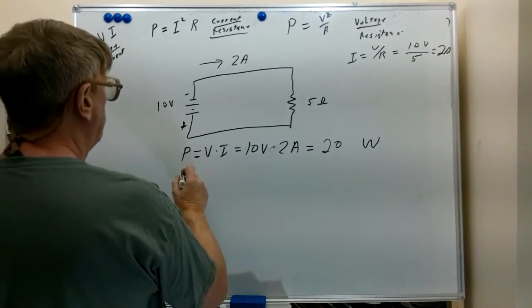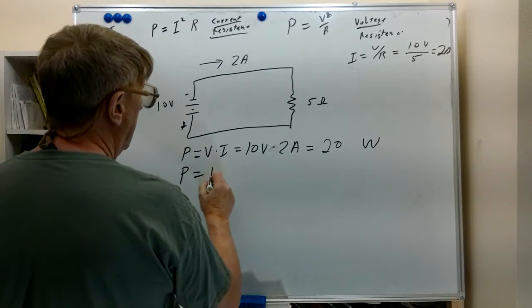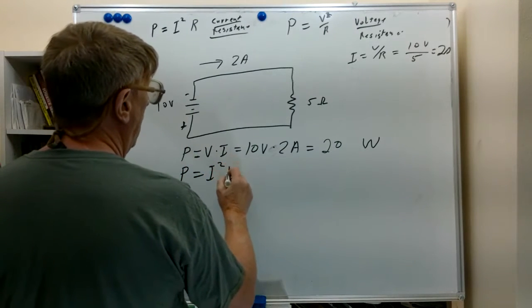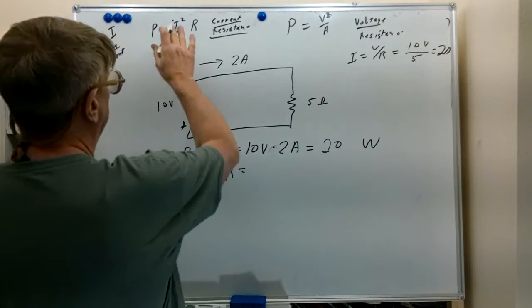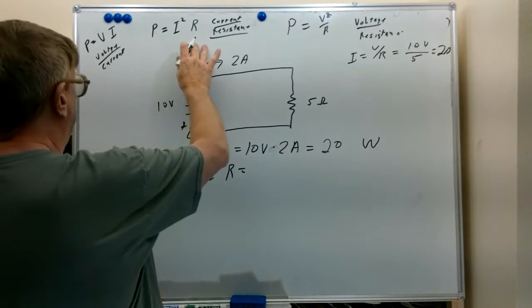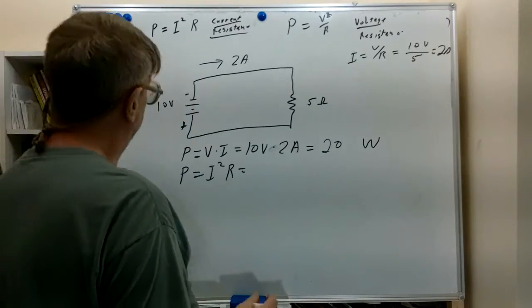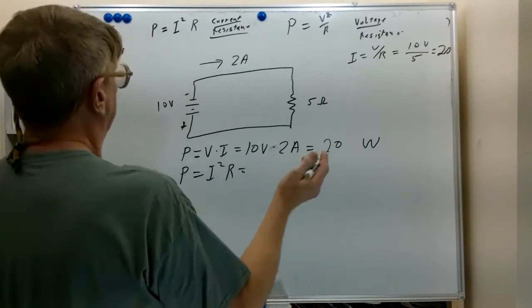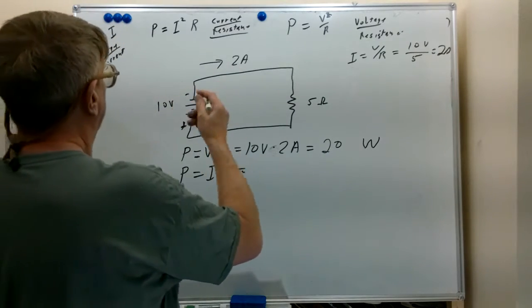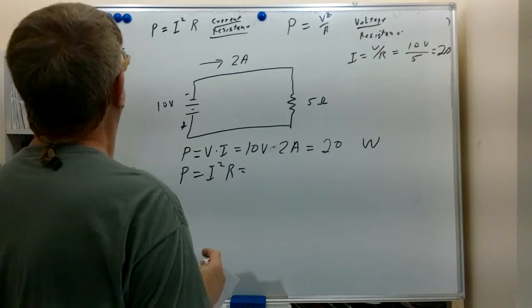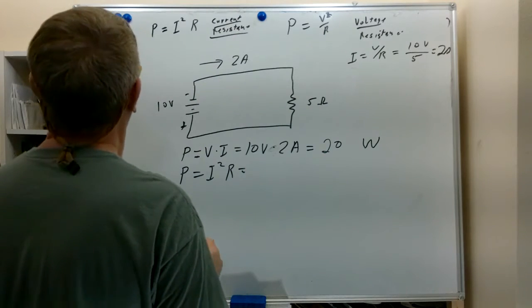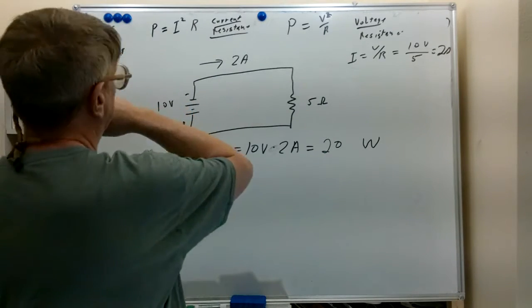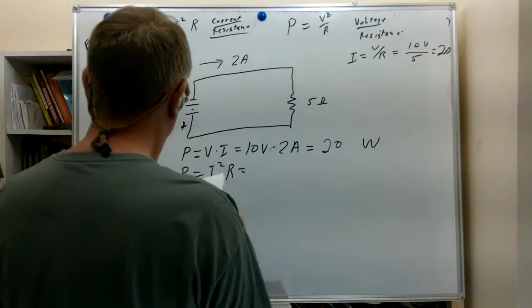We're going to use our other power formula, I squared R, which we had derived here by substituting. What do we substitute? We replaced the V with IR.